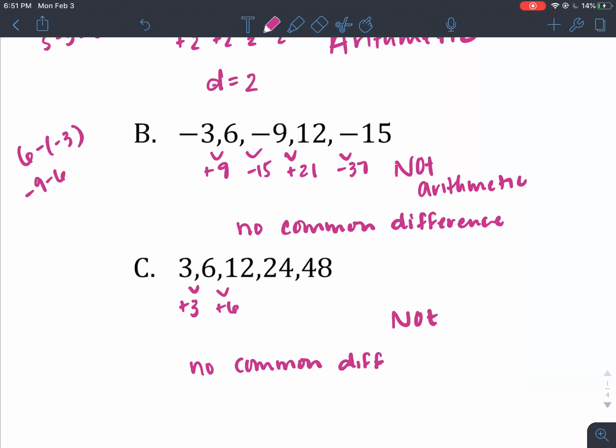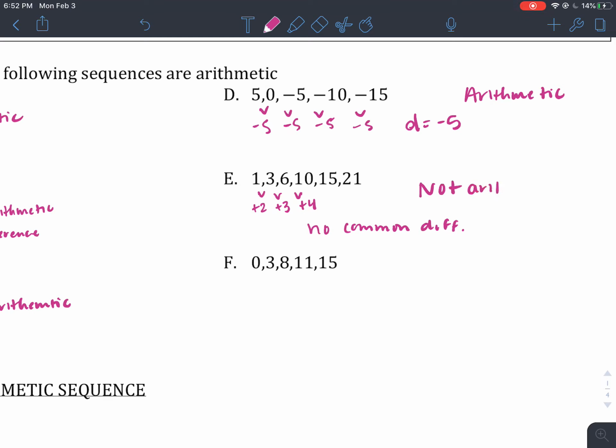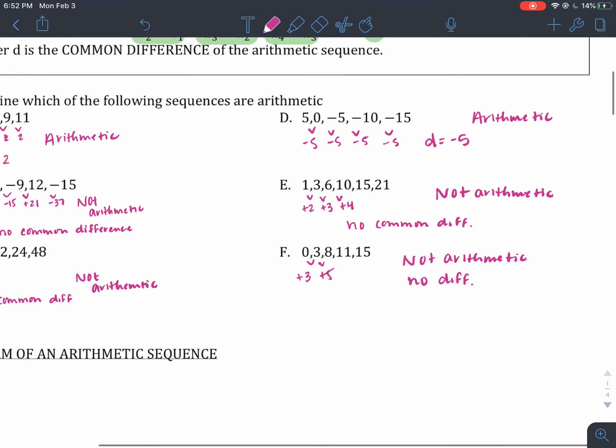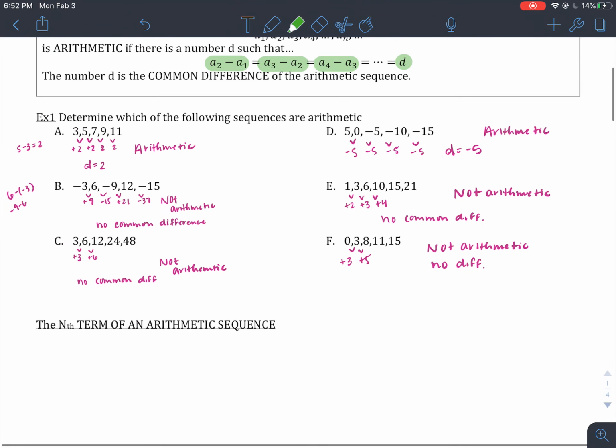So it's not arithmetic. And then the last example is also not arithmetic. Same reason why, still no common difference. And if you look, again, you can check the first 2 sets of consecutive terms. We added 3, and then we added 5. I don't need to check any further past that. So our only 2 arithmetic sequences in all 6 of these examples are A and D.